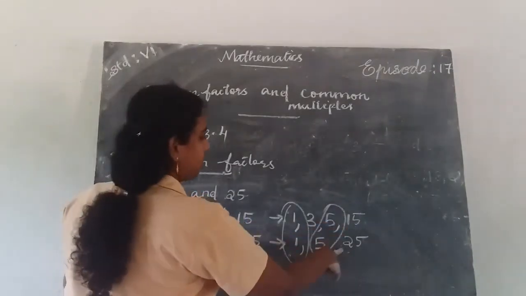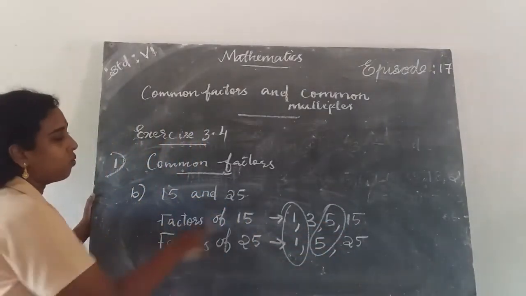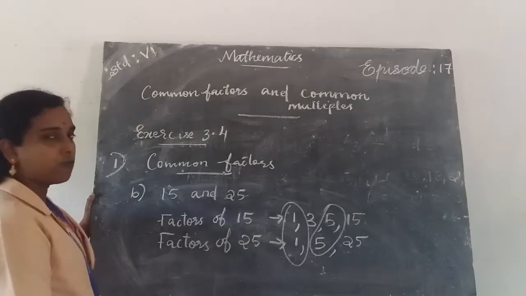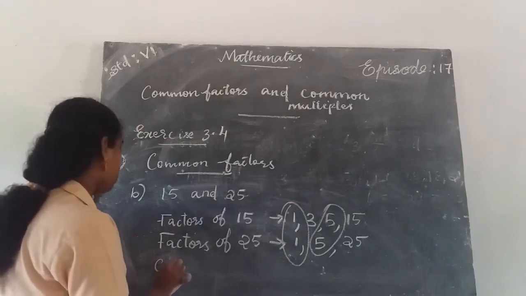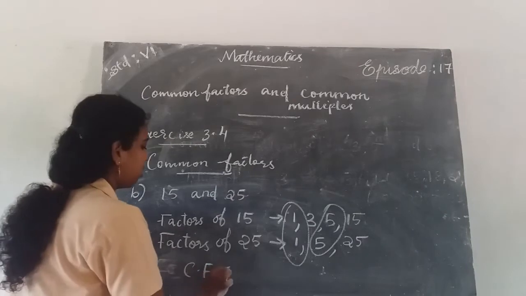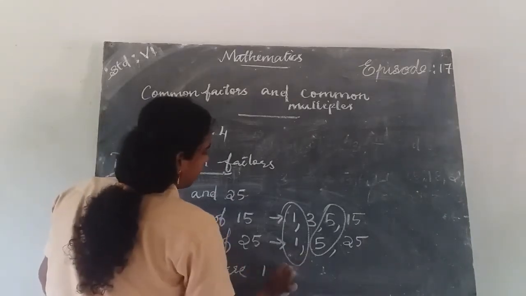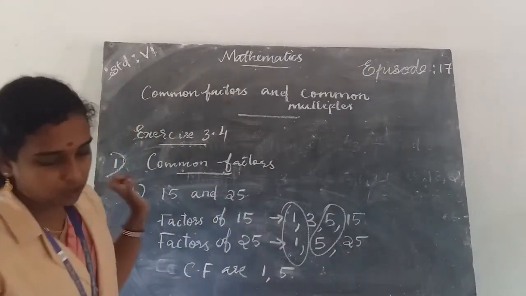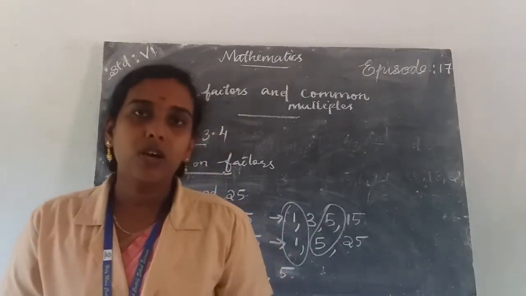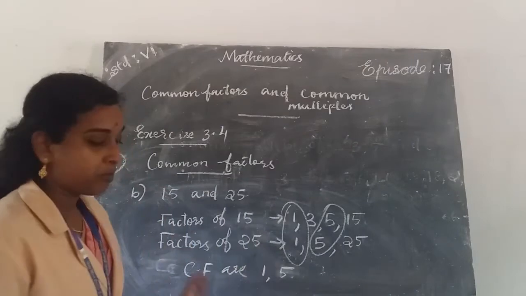And 15 is not a factor of 25. So 1 and 5 are the common factors of 15 and 25.